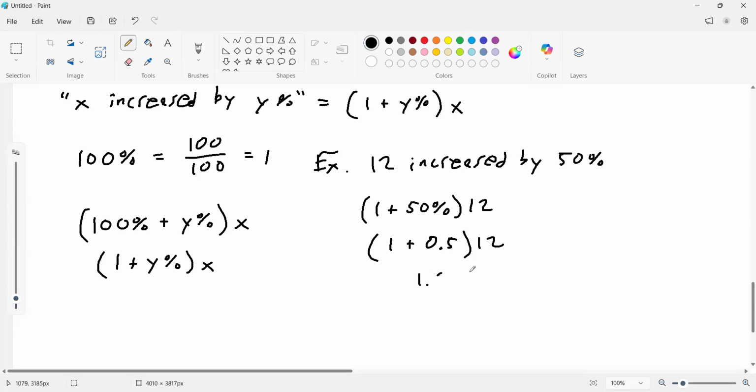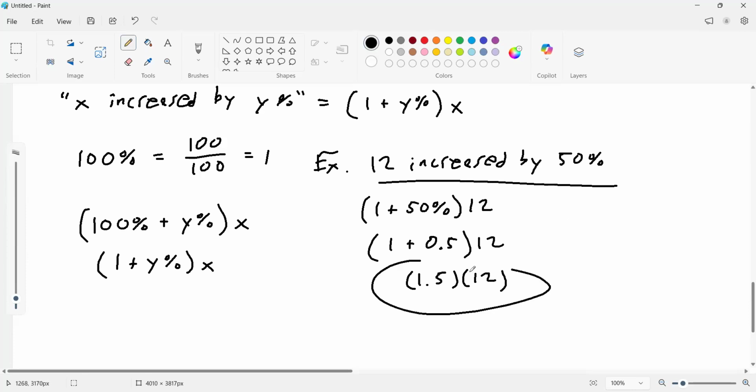And so what you're really computing in a calculator is just 1.5 times 12. So 12 increased by 50% is the same thing as computing 1.5 times 12, which does turn out to be 18, right?